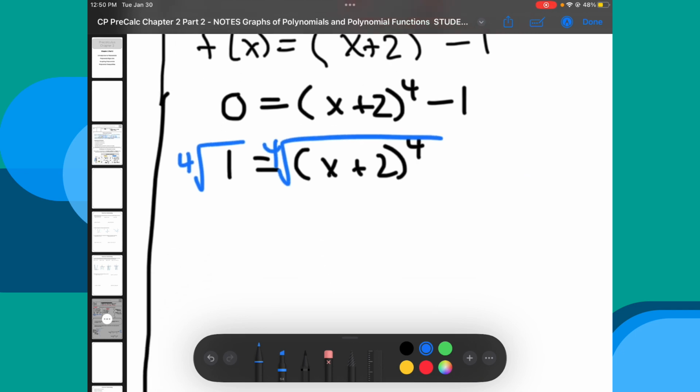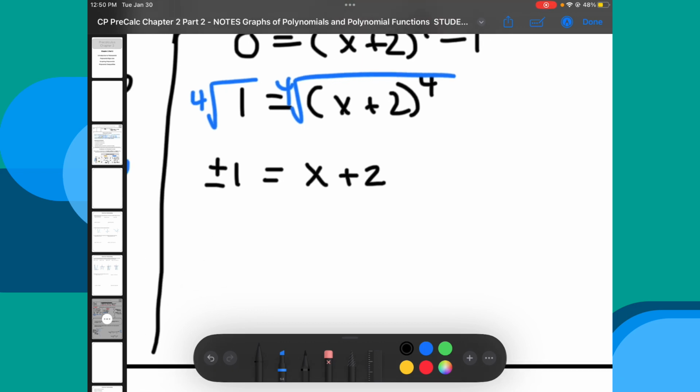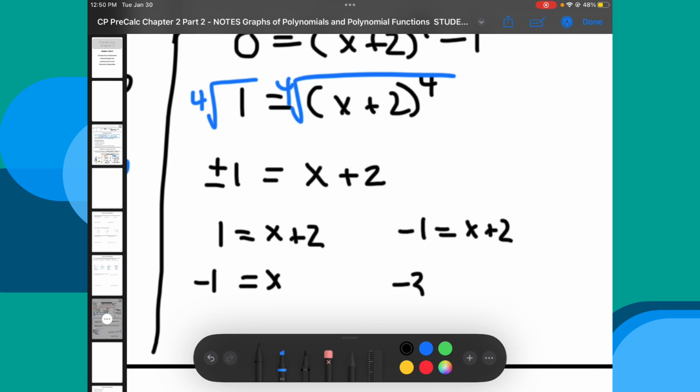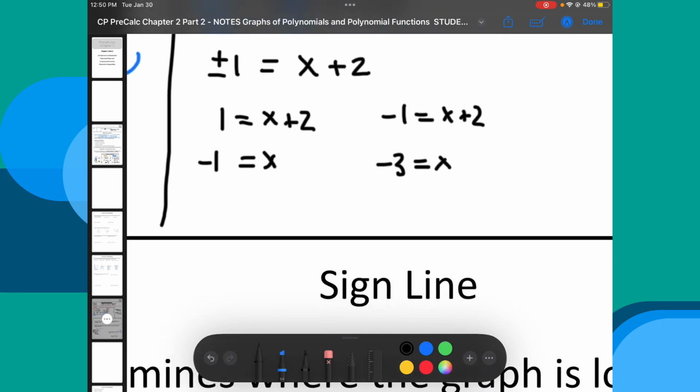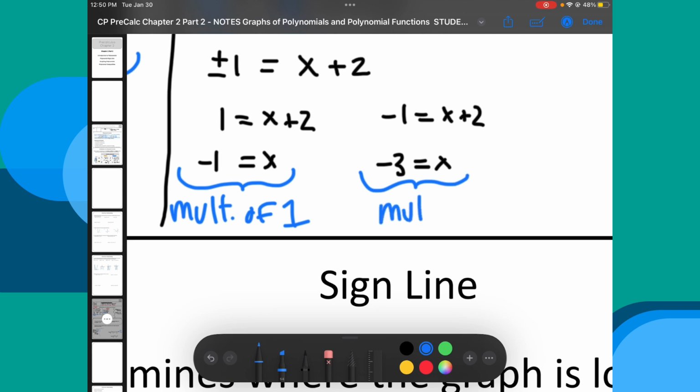And when we take that fourth root, because it's an even powered root, we have to introduce the plus minus sign. So we're going to have 1 is equal to x plus 2. So that answer is going to give me -1. And then we have -1 is equal to x plus 2. So we get x is equal to -3. Since both of these show up once, this has a multiplicity of 1. This has a multiplicity of 1.